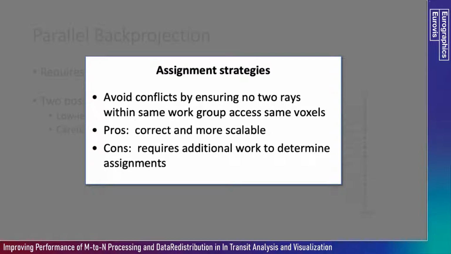We guarantee conflict-free updates by ensuring no two rays within a parallel workgroup access the same voxel. This approach is both correct and potentially more scalable, with no contention over the per-voxel mutexes. However, we have to be able to recoup the overhead of determining conflict-free mappings in order to realize an actual performance boost.